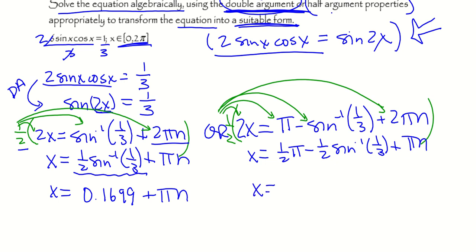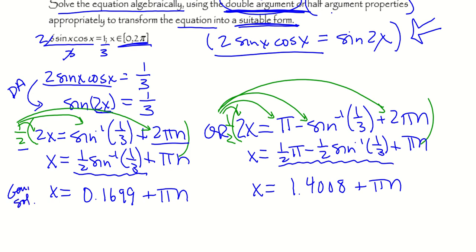Here we get x equals what 1/2 pi minus 1/2 the inverse sine of 1/3 is, which is 1.4008, or 1.401 plus pi n. Those are my general solutions.